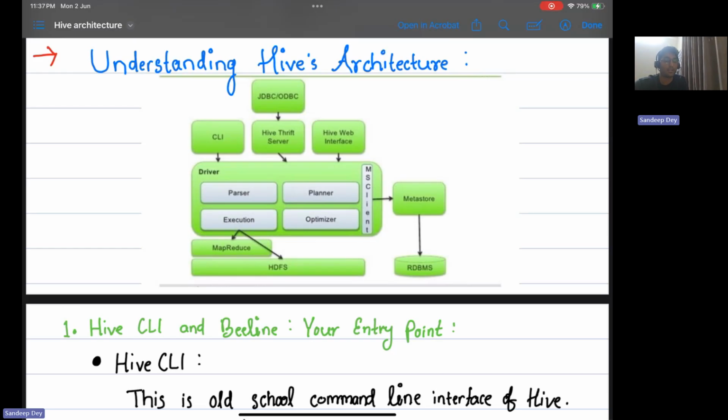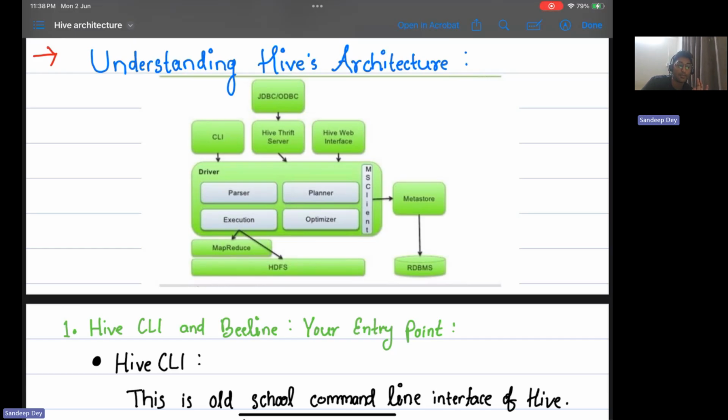There are two things in how it stores the metadata: the metadata repository and the database. In the metadata repository, the Hive Metastore is the central component that stores metadata about your Hive tables, databases, partitions, and other objects.